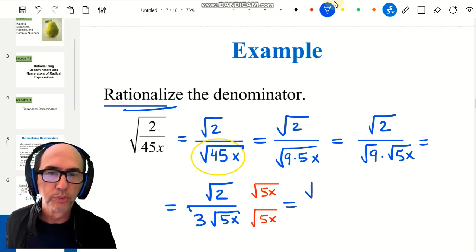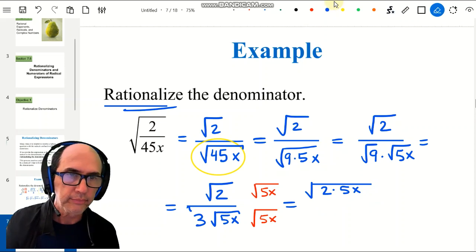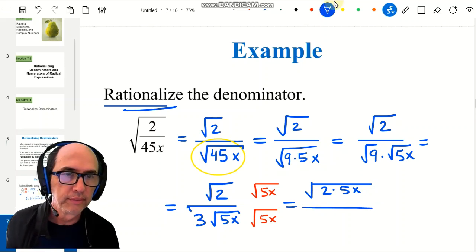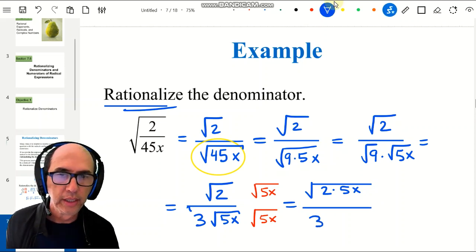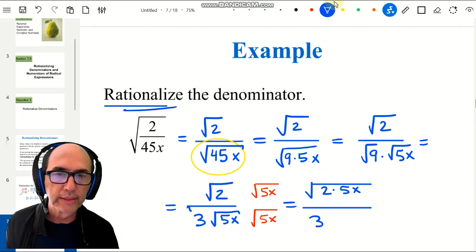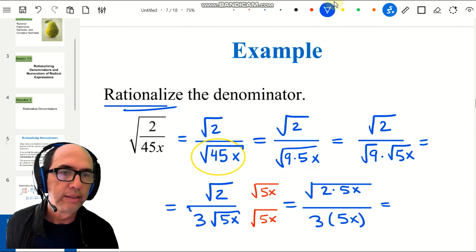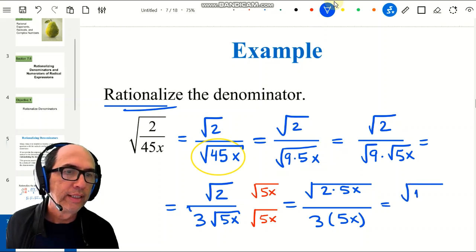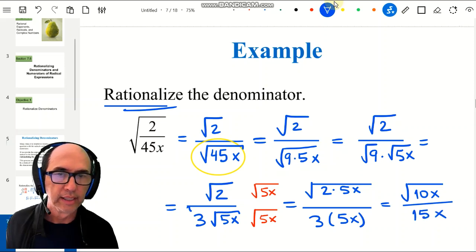Multiply square root of 2 times square root of 5x, square root of 2 times 5x, over just 3, and square root of 5x times square root of 5x is 5x. This is square root of 10x over 15x. That's the final answer.